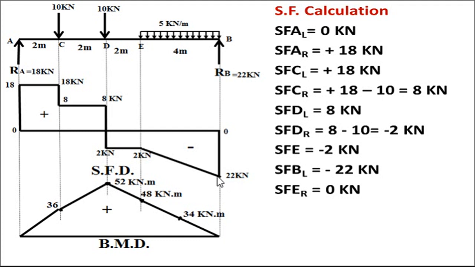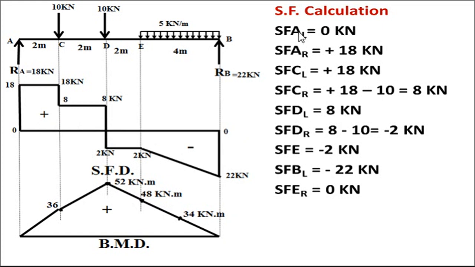You reach minus 22 here, and here there is a reaction of plus 22, RB. When you move by plus 22 upward, the shear force diagram will close. Below this line is negative, above this line is positive. You can even hatch the external part of the diagram; in a few books, you will find this external boundary hatched. Now, this is the shear force diagram.